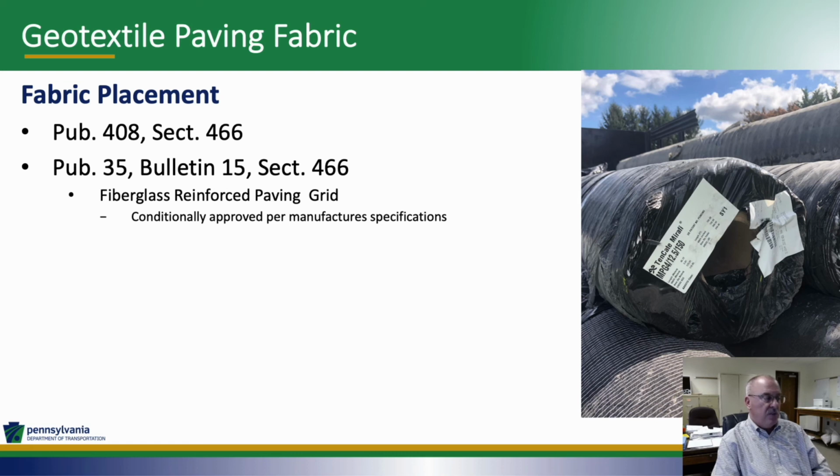That's the construction portion. The approval of the specific product is in PennDOT Publication 35, Bulletin 15, section 466. In this process, it's a fiberglass reinforced paving grid, which has conditional approval as long as it's placed as per the manufacturer's specifications.